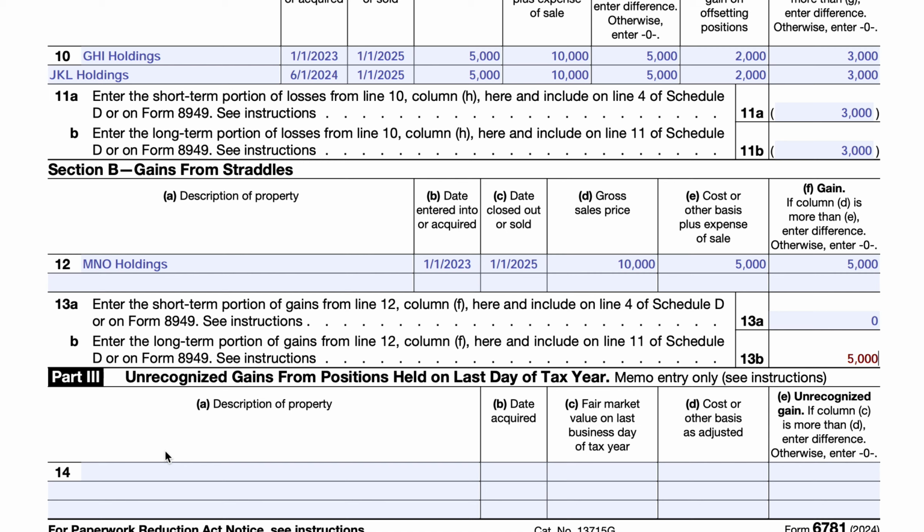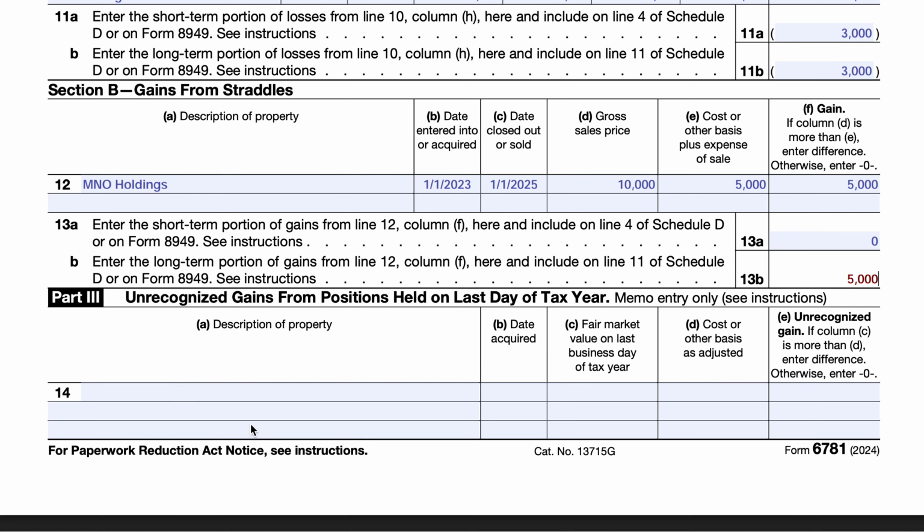So if the constructive receipt of that gain would be to you, then it would come here on your Part 3. So don't complete Part 3 if you don't have a recognized loss on any position. Don't include positions that are part of an identified straddle or a hedging transaction, property that's stock in trade or inventory, or property that's subject to depreciation. So you're literally just describing any remaining holdings that you haven't recognized a gain for.